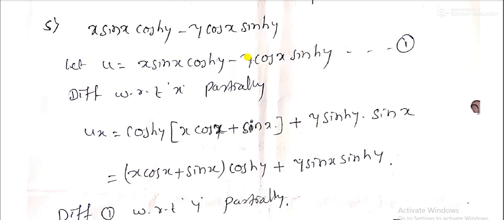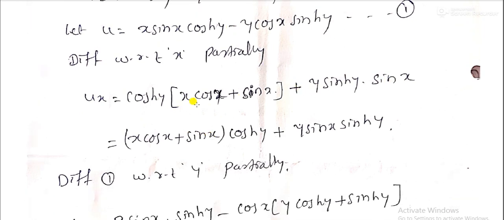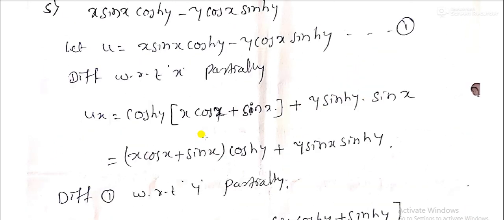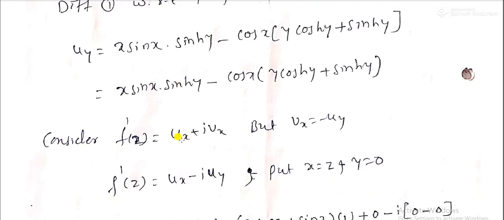Here y is constant, sinh y is constant, and the differentiation of cos x is minus sin x, and minus into minus is plus. So u_x is x cos x plus sin x into cosh y plus y sin x into sinh y.